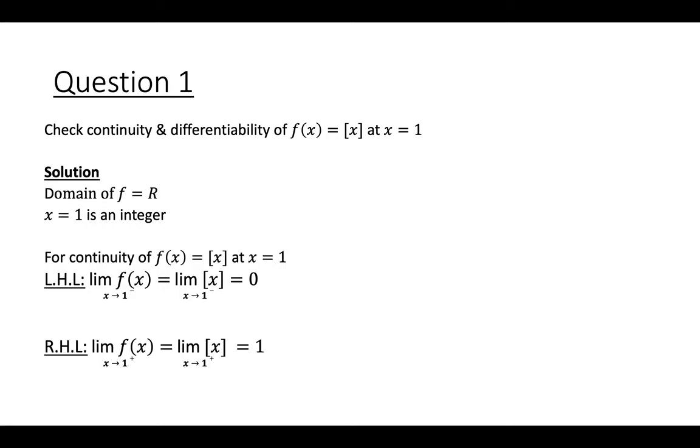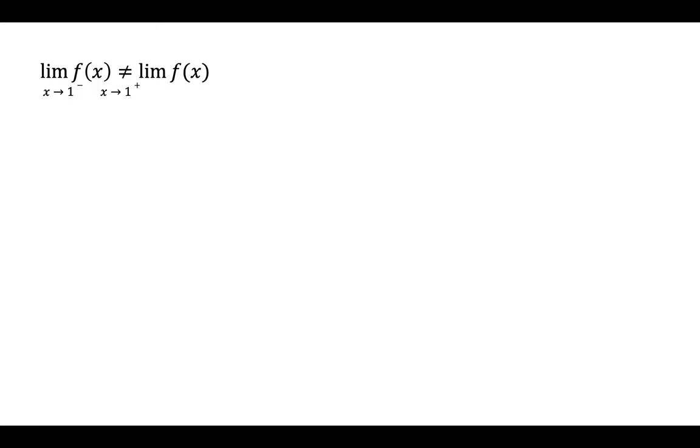As we know, the value of greatest integer x. Now right hand limit x tends to 1 positive, f of x equal to limit x tends to 1 positive, greatest integer x equal to 1. So left hand limit is not equal to right hand limit.